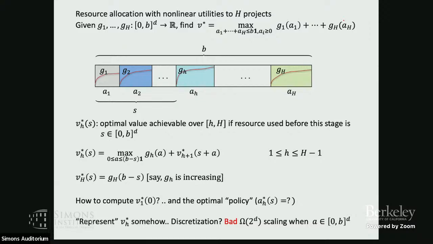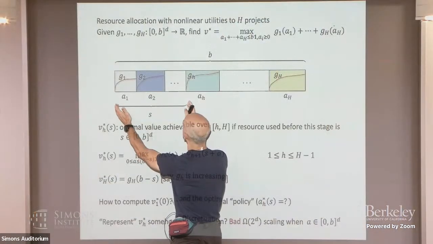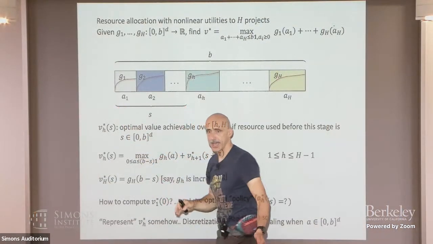How do you do this? Well, dynamic programming was invented for doing things like this. So you can imagine pictorially that these are the nonlinear utility functions, and you are at some stage h, and you're trying to make a decision about what to do there. And so far, you decided to allocate this much of the resources s.